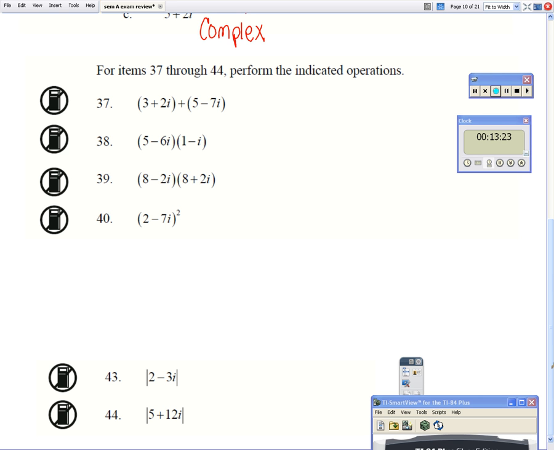Okay, I have to add like terms. So 3 and 5 is 8. And 2 plus -7 is minus 5i. When we multiply, I'm going to distribute the 5 to both of these pieces and the -6i to both of those.